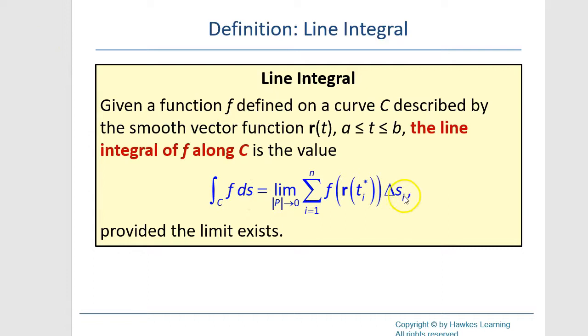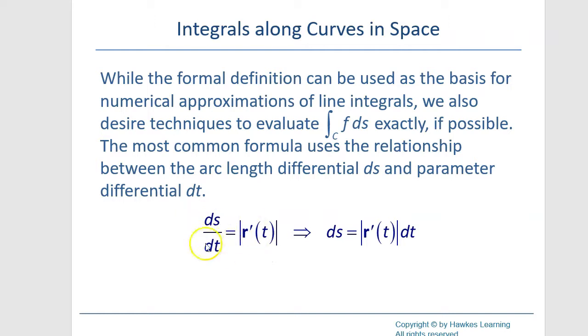Now, using arc length makes this difficult, because we would then have to find arc length. And as we've seen, for some functions, the arc length is not easy to find. So as we've seen before in this course, the derivative of arc length with respect to time is the magnitude of r prime.